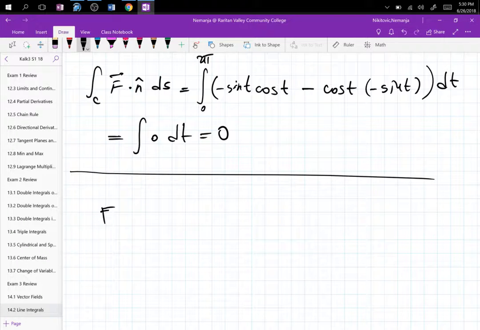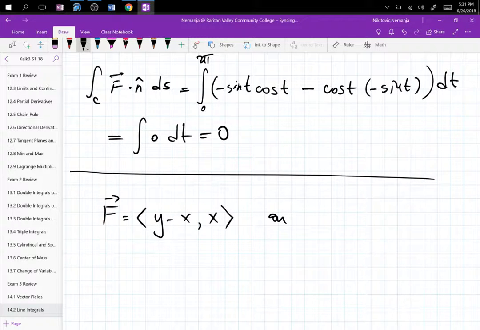So F is given as y minus x comma x on a circle of radius 2.